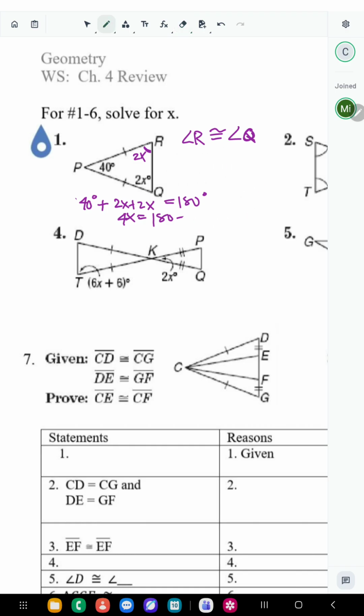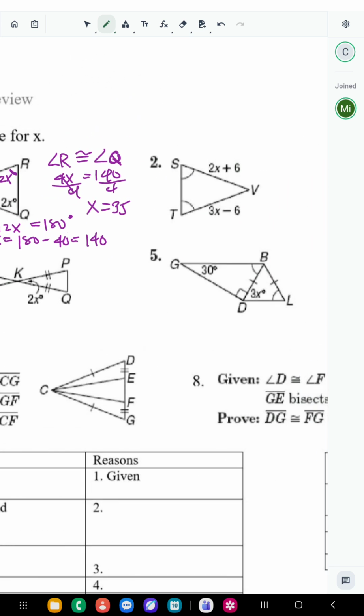Alright. 180 minus 40. So this is 140. So we have 4x equals 140. Divide by 4. So x is 35.